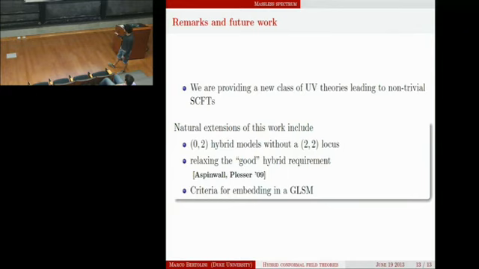So we'll be looking forward to these more general models. Also, another thing that is appealing to probe is what could happen if we relax the condition for the hybrid to be good, which I recall was that the R symmetry was not acting on the base.